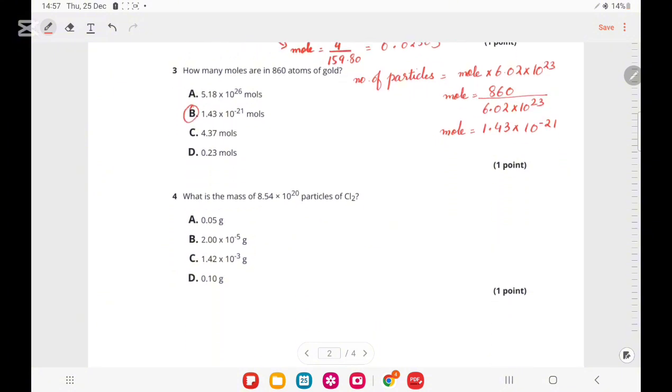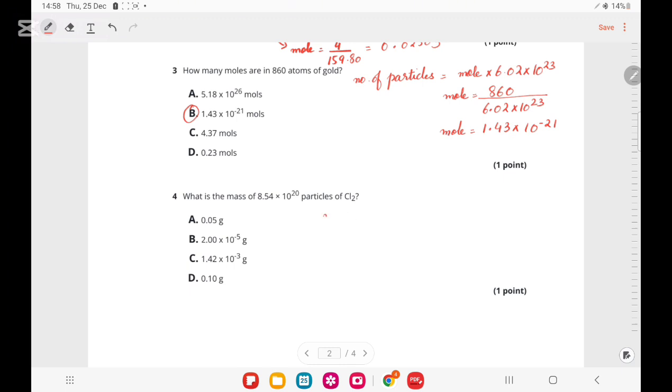Then we are given the number of particles of chlorine, which are 8.54 times 10 raised to power 20, and we need to find the mass of it.